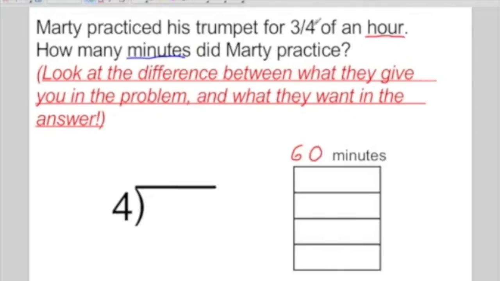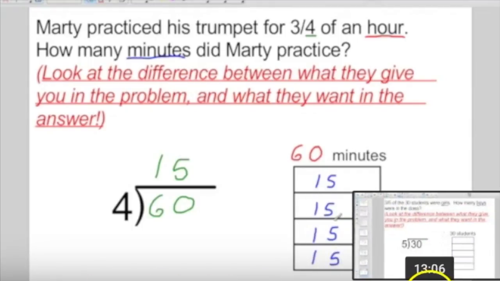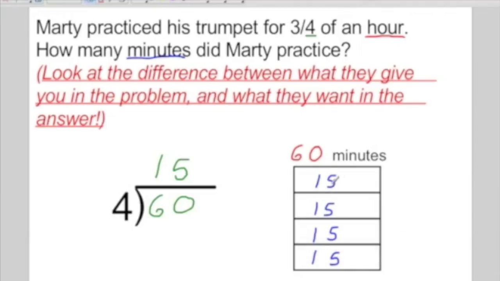So I want to start off by dividing by the denominator. So I have a divisor of 4, and I'm going to divide 60 by that. Hopefully you know 60 divided by 4 is 15. Always stop and double check. Does 15 plus 15 plus 15 plus 15 equal 60? Hopefully it does.